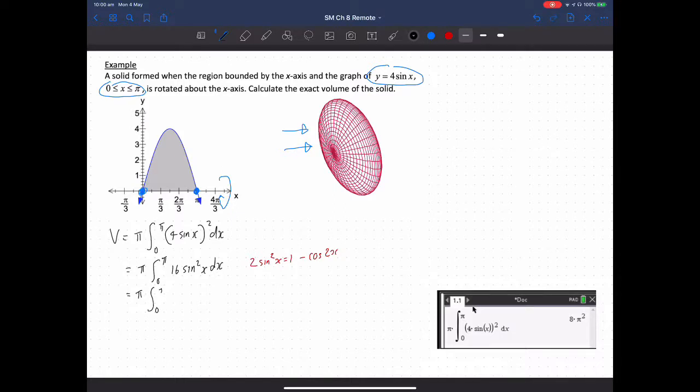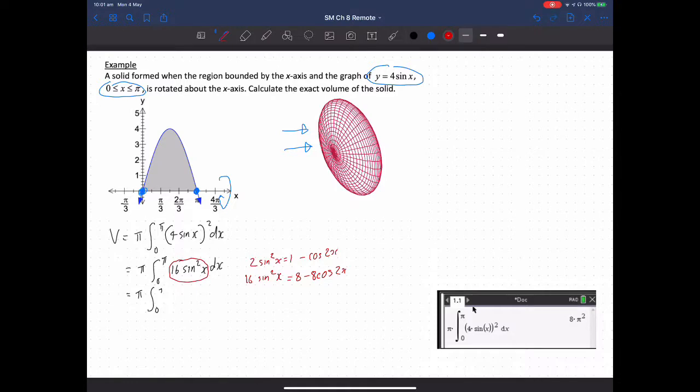Now, what we have here is 16 sine squared x. We know our formula is 2 sine squared x. If we multiply that by 8, what we get is 16 sine squared x is equal to 8 minus 8 cos 2x.